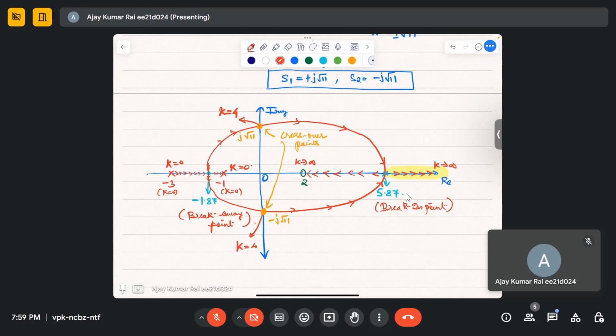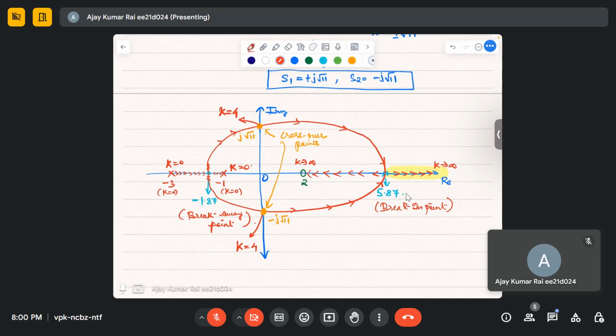As we are increasing k, what is happening? The closed loop poles are again occurring in the right half plane. If we limit k to be less than 4, you can see the closed loop poles will be lying on the left half plane, right?